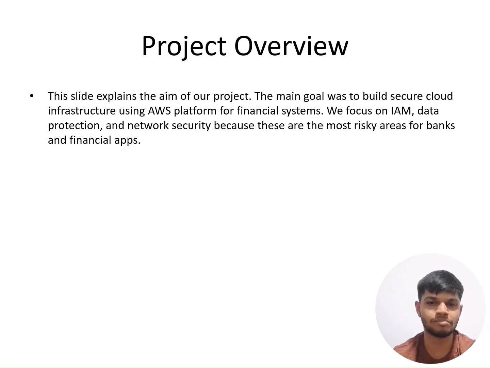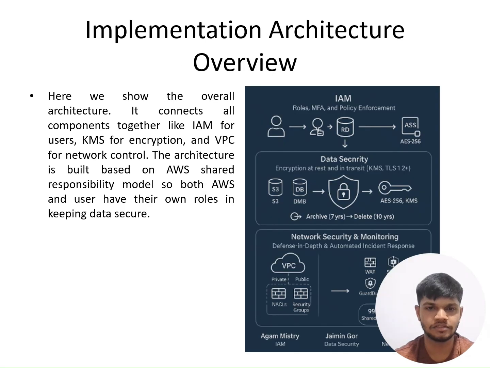Slide 2, implementation of architecture. This diagram shows the overall architecture of our project. It connects multiple AWS components: IAM, KMS for encryption, and VPC for network isolation.